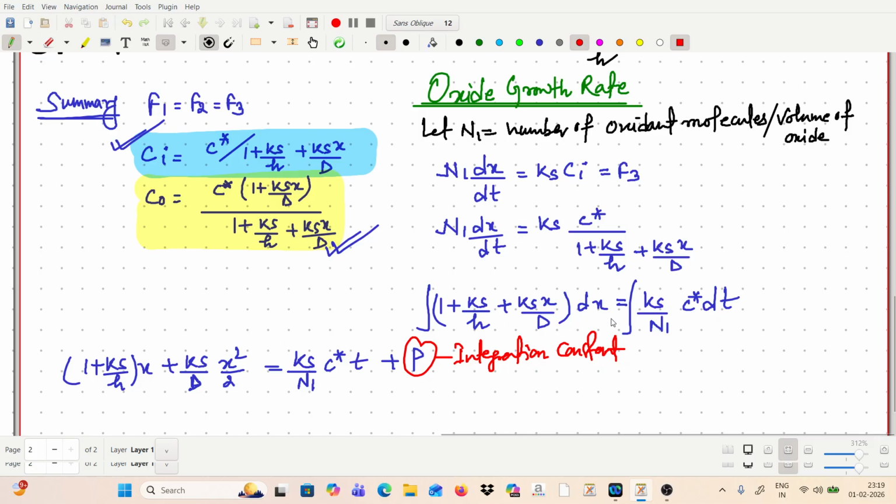Is it okay? Simple integration, and we have come to the conclusion: 1 plus ks by h x plus ks by d x square by 2 equals ks by n1 c star t plus p.